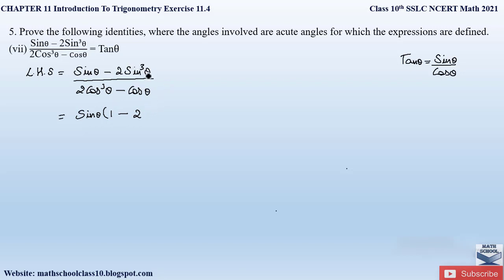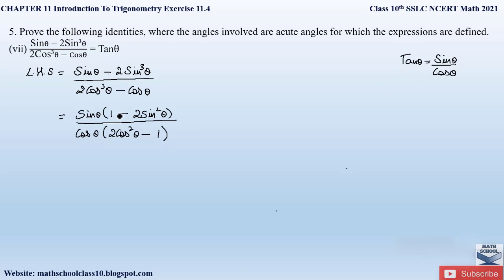So when sin theta comes out you will be left with sin square theta. Similarly in the denominator when we take cos theta outside as common, here we have 2 into cos square theta minus 1 left here. Here we have got outside the bracket sin theta divided by cos theta, which is equal to tan theta.